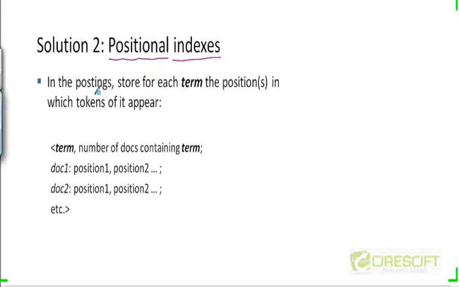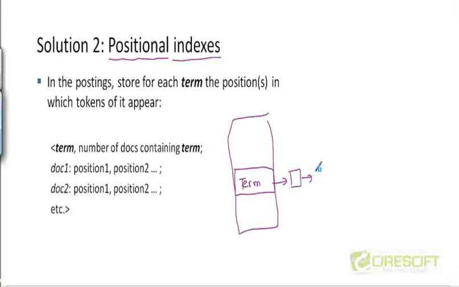So what happens in a positional index is that if you have a term, let's say this is a particular term in the dictionary, and let's say you have some postings list. Now this picture is a little misleading because as we saw earlier, these lists are actually implemented as a continuous run of postings on disk.